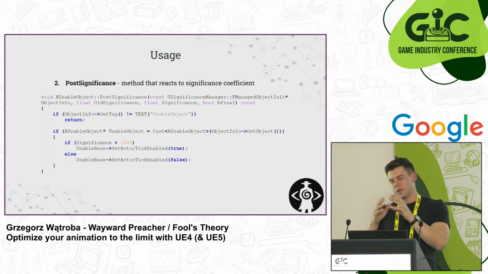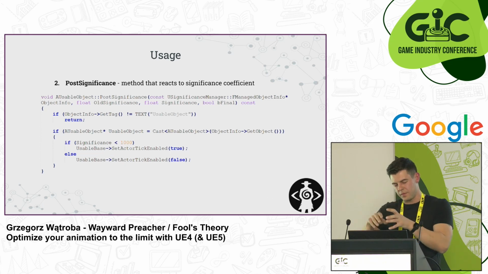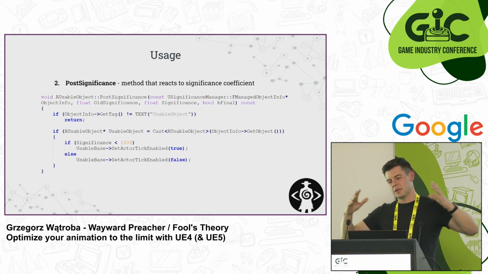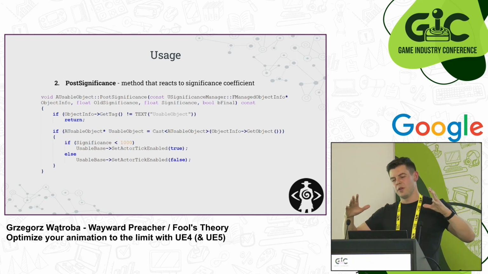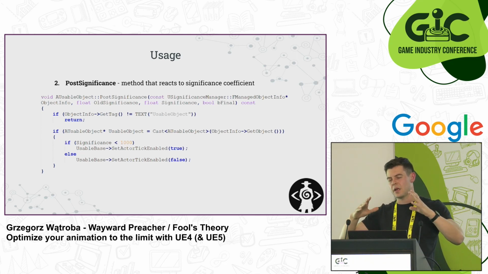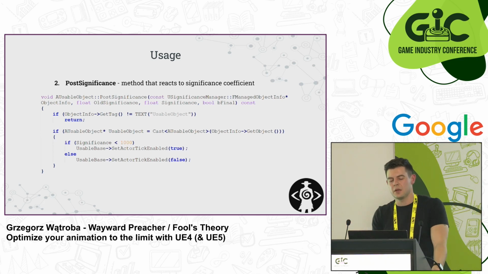So after the initial preloading, when we have this BeginPlay within the object, we know how significant it is, and we can load additional data gradually from the center of the screen or from the view of the main player, outward from this circle, depending on the significance.